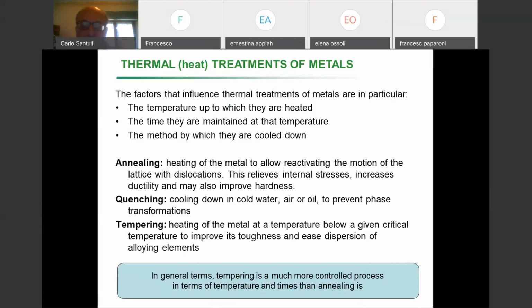The history of metallurgy, apart from bronze and iron, involved bronze, which is a copper alloy with tin.